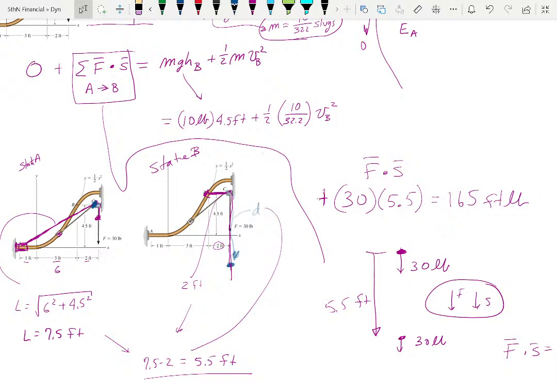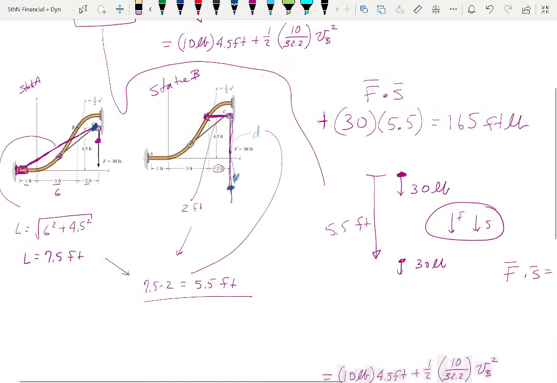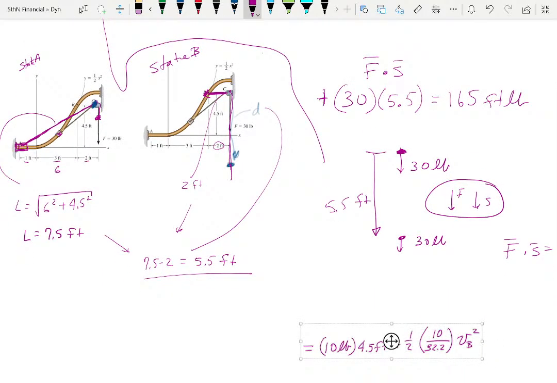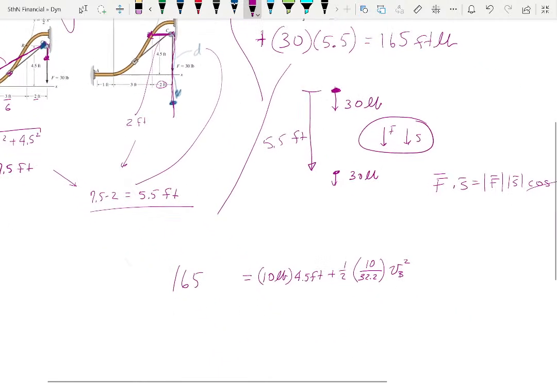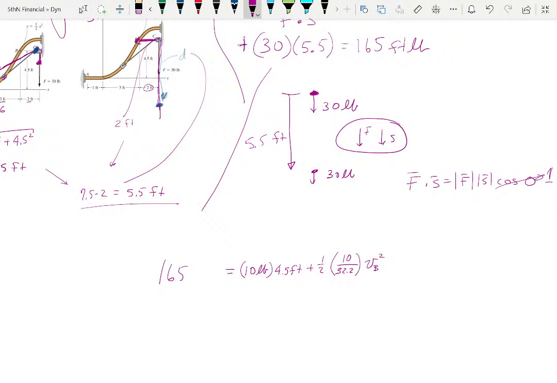So now you've got this term, and I've got this all pushed together. So what I'm going to do is slide this over, maybe down under here. Okay, so I'd put that down here. But now I take that 165 and put it on the left side. And if you want to know the final velocity, give us a second here. 165, I've got to take off, I think that becomes 45.